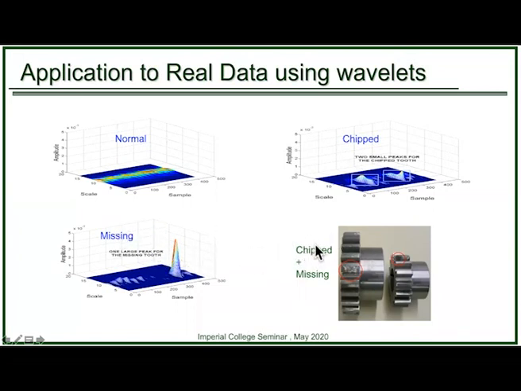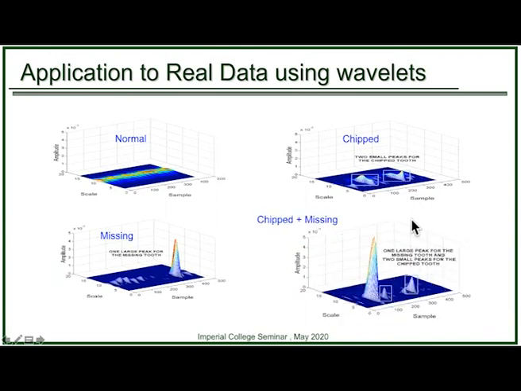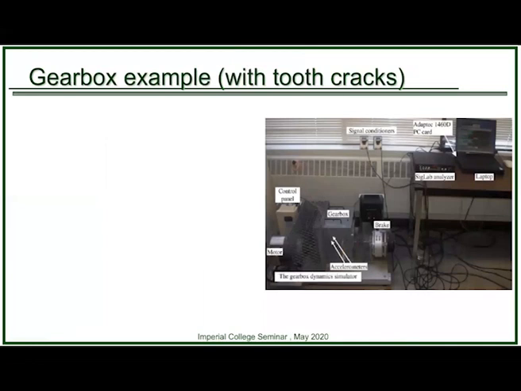And when you look at the combination of chipped and missing, you would expect these two peaks to show up here, which they do. So this is an example where machine learning methods engaged in a supervised learning framework can use these signals as fault signatures and thus detect and diagnose the faults.